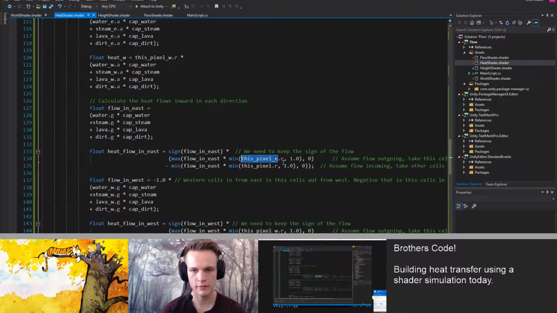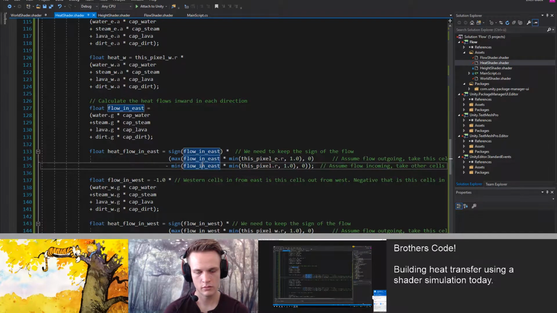If in from the east is positive, we take the eastern pixel's temperature, and otherwise, if flowing from the east is negative, then that value is going to be negative, which we take our temperature, because that's the amount that we're going to lose, and then we take the sign of it, because if flow in from the east is negative, then we need to flow out.